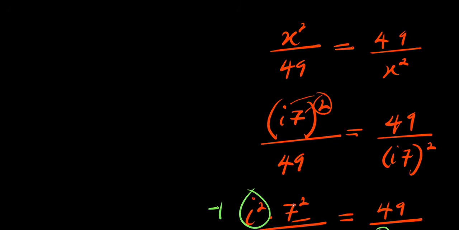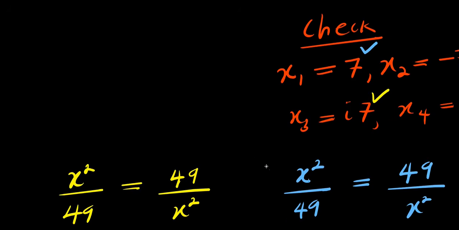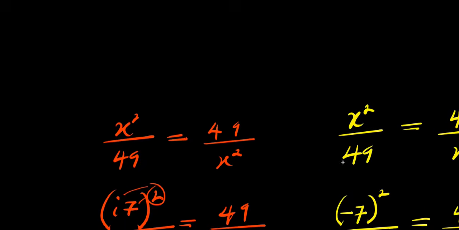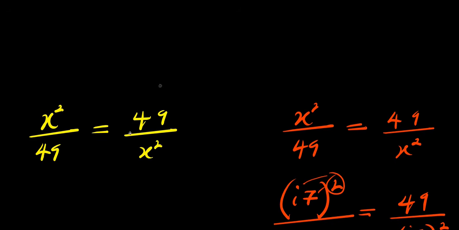And lastly, let's consider our x4, which is negative i times 7. So we have x power 2 divided by 49 equals 49 divided by x power 2.